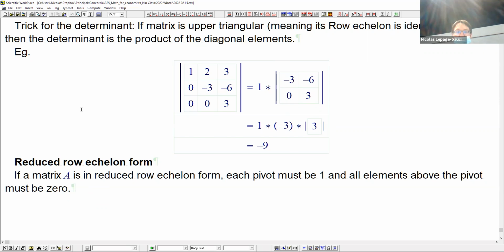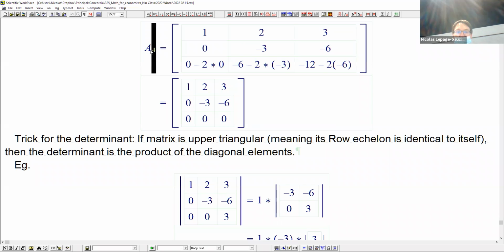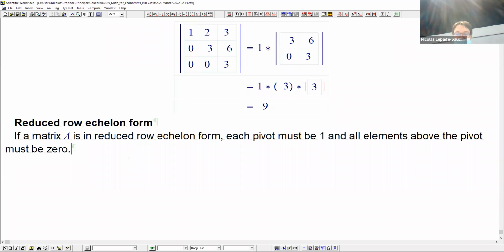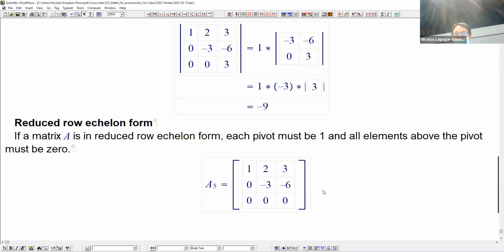So let's continue with our example. So we had A4 here. I'm just going to go quickly. This is not super important, but in case you hear it at one time, then it's good for you to know. So next step, I'm going to get rid of this 2 over here, thanks to this minus 3.